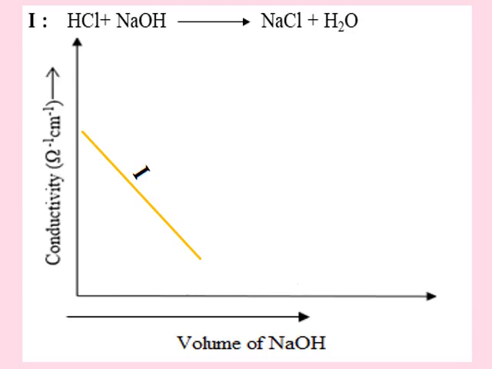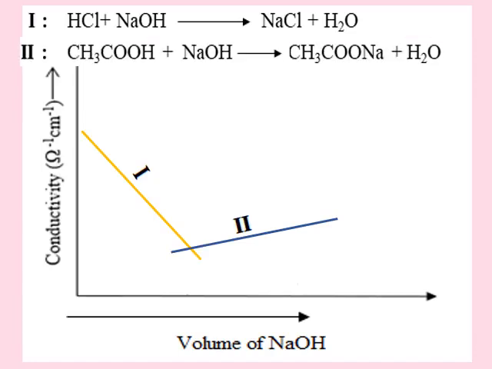Further addition of sodium hydroxide gradually increases the conductivity due to the neutralization of weak acid, that is acetic acid, because sodium acetate undergoes complete dissociation, unlike acetic acid. After the complete neutralization of acetic acid, further addition of sodium hydroxide increases the conductivity due to the accumulation of sodium hydroxide.